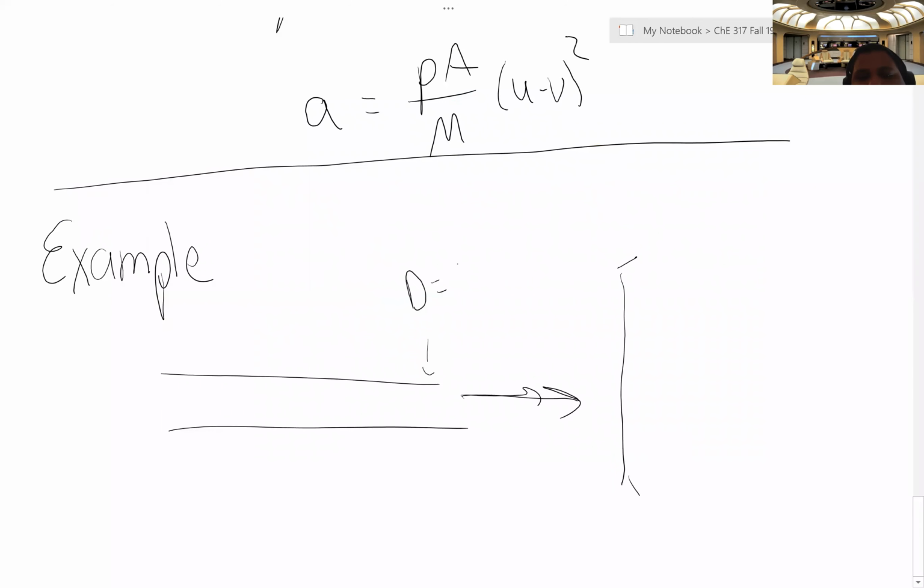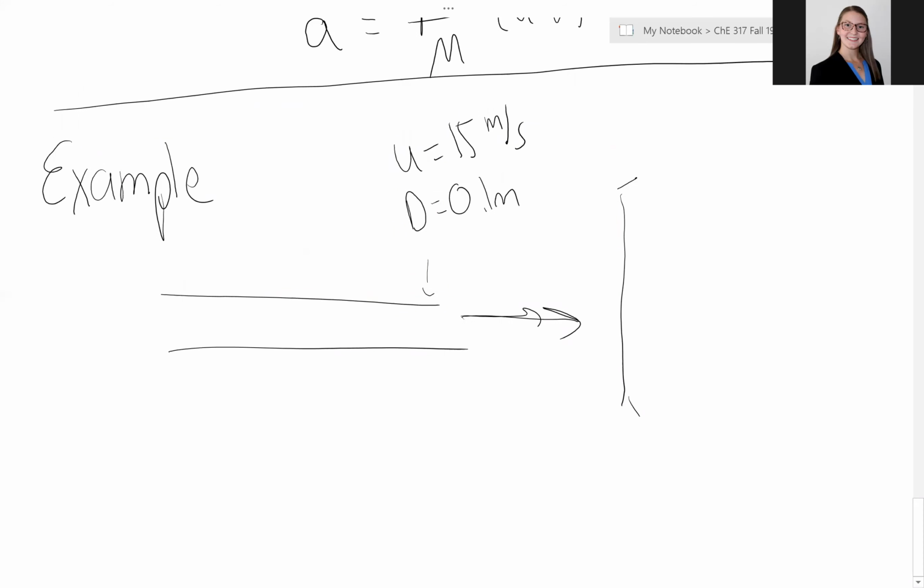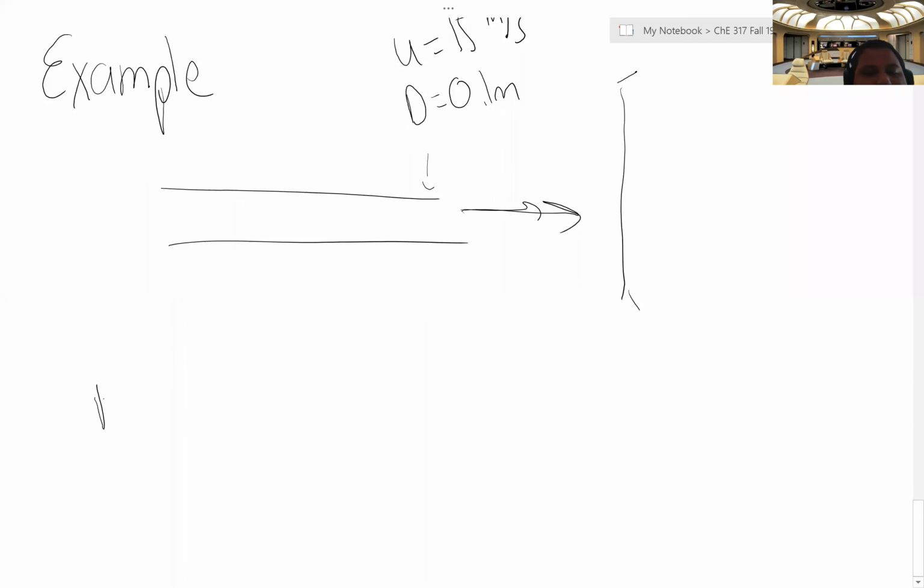The diameter was 10 centimeters, 0.1 meters. The velocity was 15 meters per second. So what did you all arrive at for the force of the jet? 1,770 newtons, or somewhere around that number.